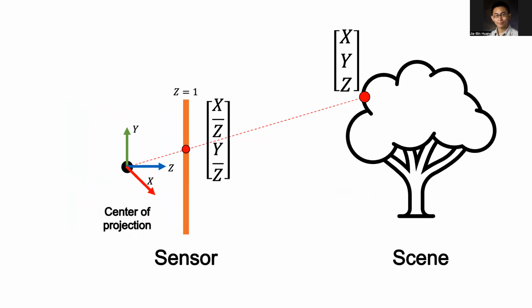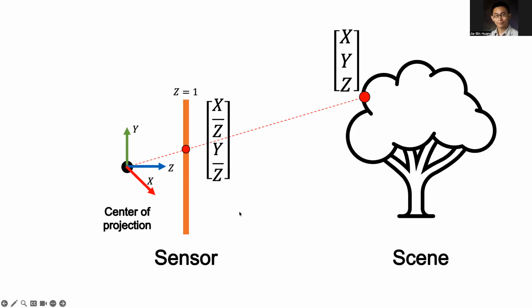This is where you'll see a lot of cameras drawn like this. Even though it's physically incorrect, mathematically they are equivalent. You cannot really put the center of projection behind the sensor, but mathematically it's more convenient, so that we don't always have to deal with the minus sign, and it's easier to work with.